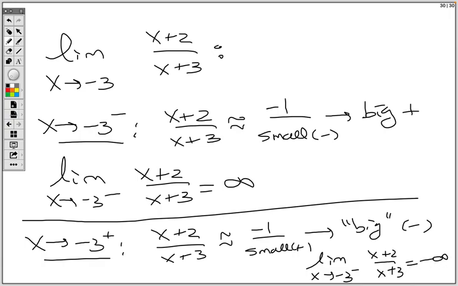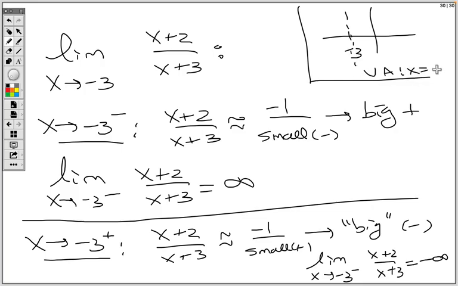Okay. So on the graph of the function near negative 3, we do get a vertical asymptote there, so that's a non-removable infinite discontinuity, as we had said. But now we know a little bit better what's going on there. Coming in from the left, the function should skyrocket, and coming in from the right, it should be heading down the other way.